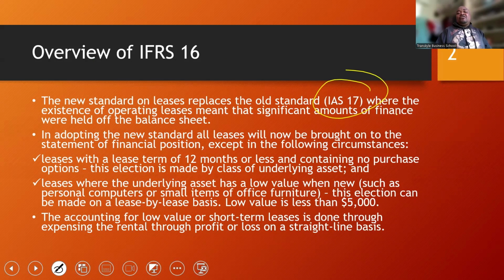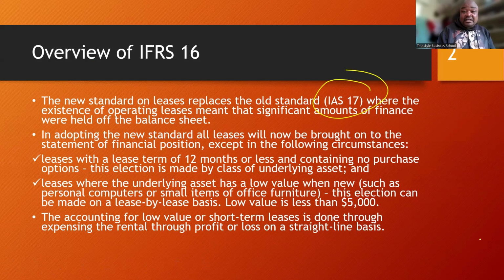There have been a lot of corporate scandals and a lot of misinformation in the capital markets, where a lot of transactions were not being captured by entities' balance sheets, or the statement of financial position, especially when we were talking of operating leases.